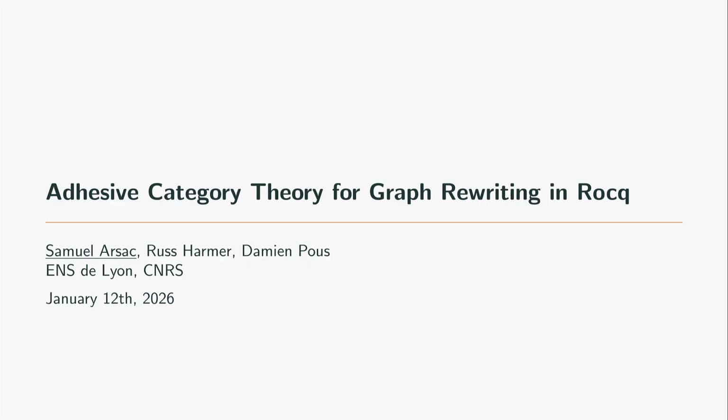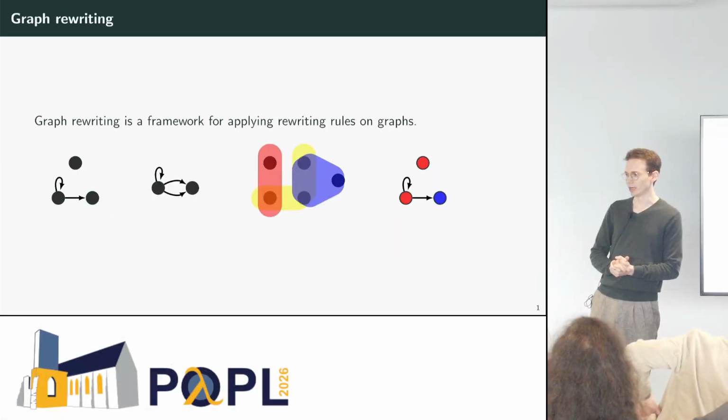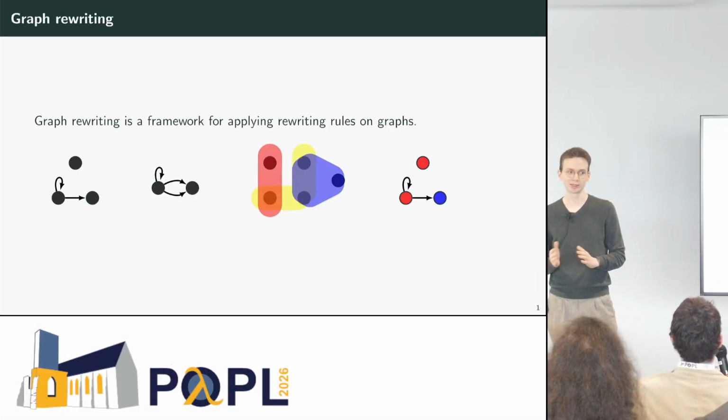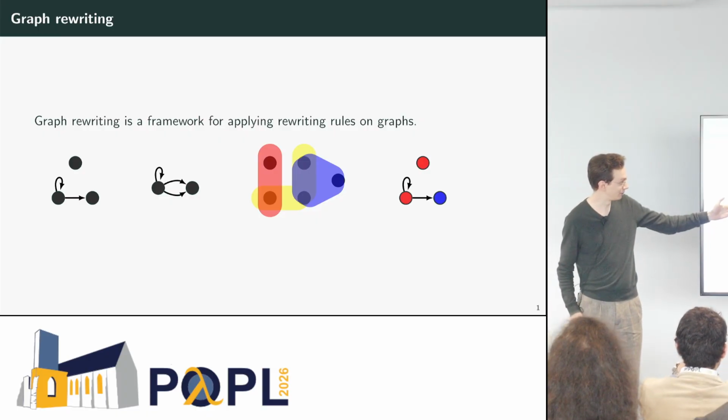Well, I will start by telling you about what is graph rewriting, and then tell you about my formalization. So, graph rewriting is a framework that is used to apply some rewriting rules to graphs. Of course, there are many kinds of graphs.